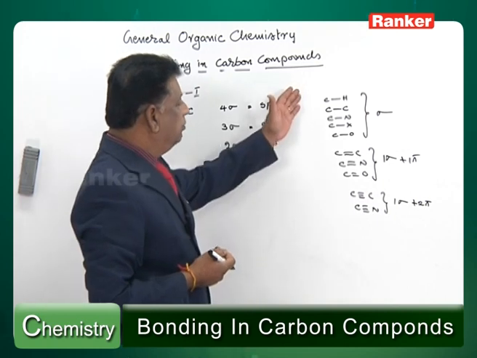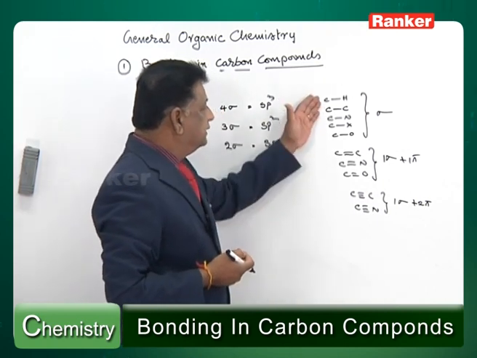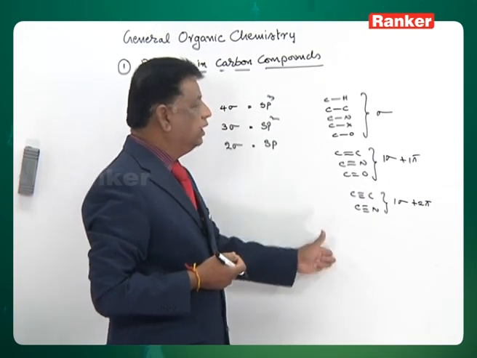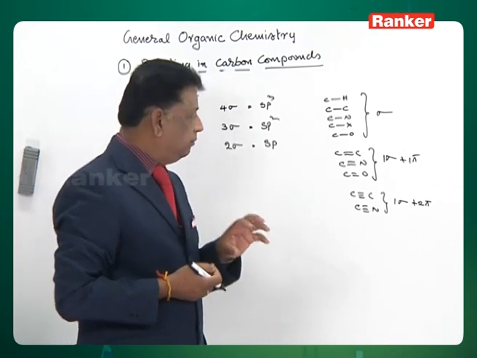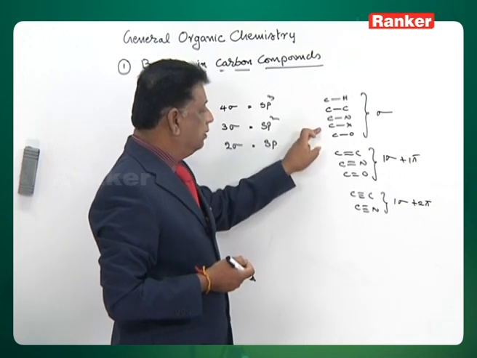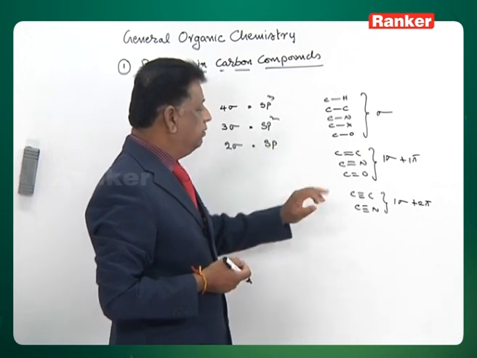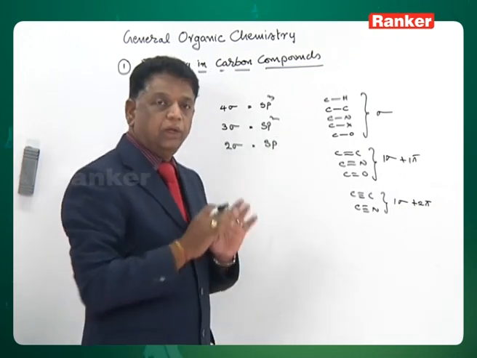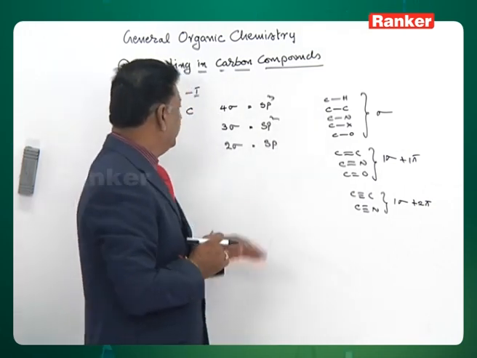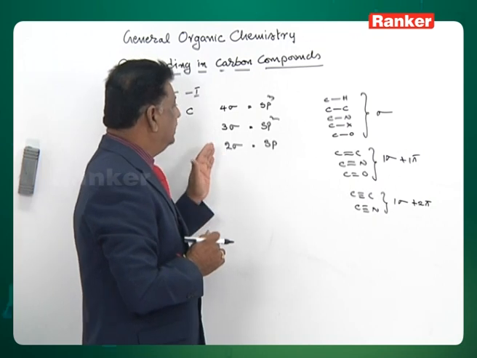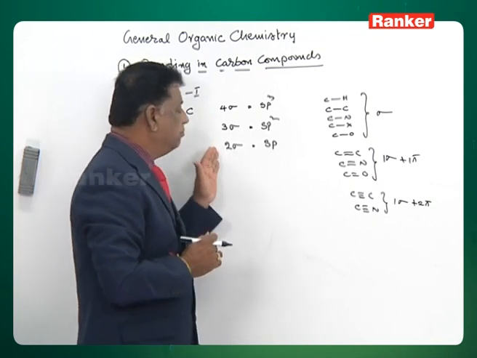So, first of all, if the molecule is given, identify what types of bonds the central or middle carbon is making. Are they sigma bonds, or a combination of sigma and 1 pi, or sigma and 2 pi? First identify the total number of bonds the carbon is making, then understand the number of sigma bonds.